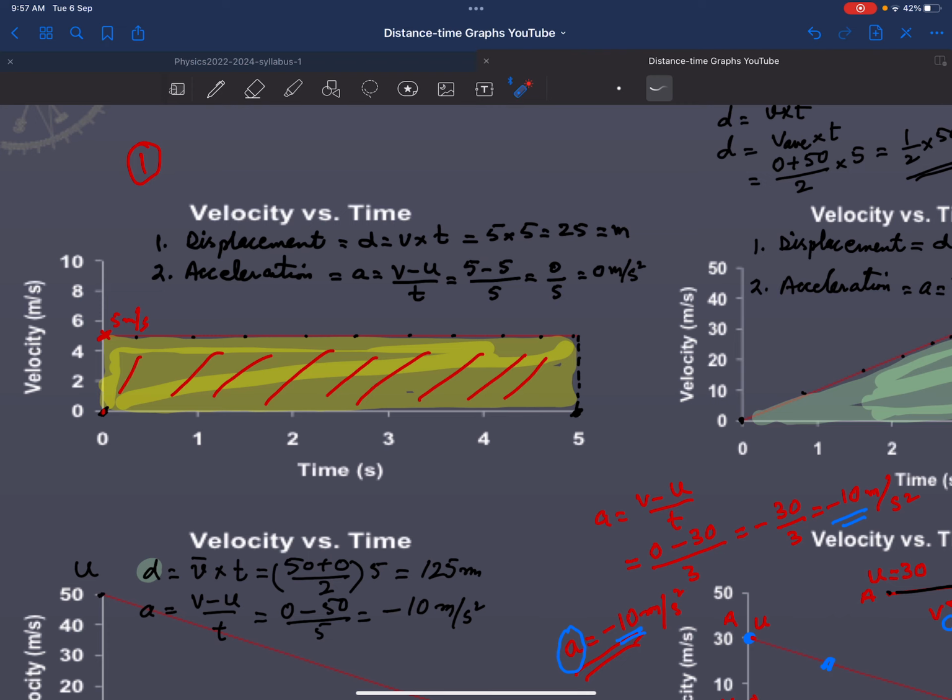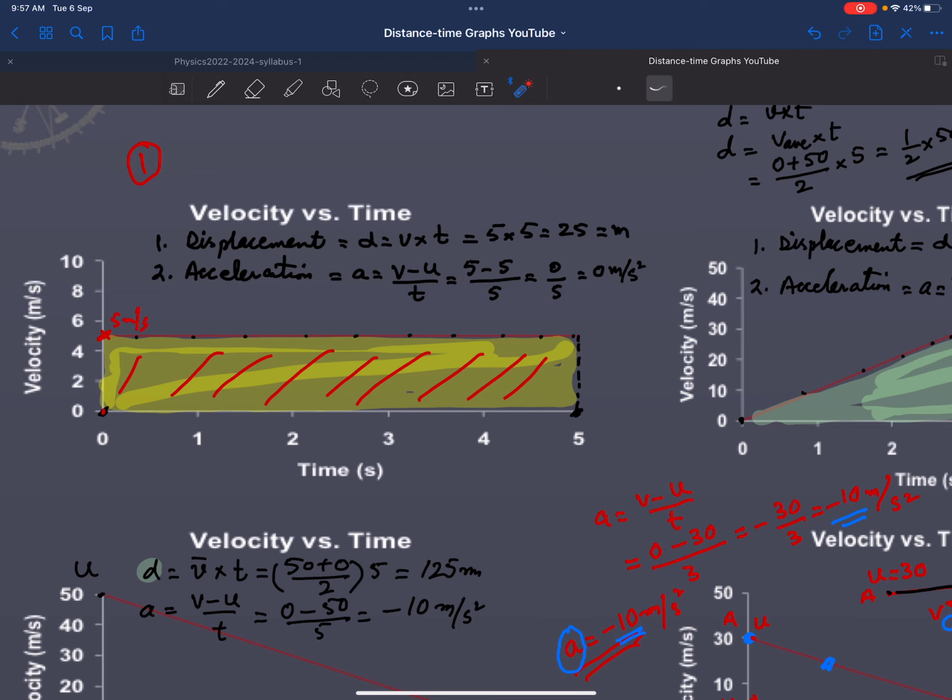On the other hand, if you are interested in the acceleration, then again, as we have just discussed, v and u are the same. All these values are the same, so between any 2 points you have 5 and 5, and the result is 0. So ultimately the acceleration is 0 as far as this graph is concerned.